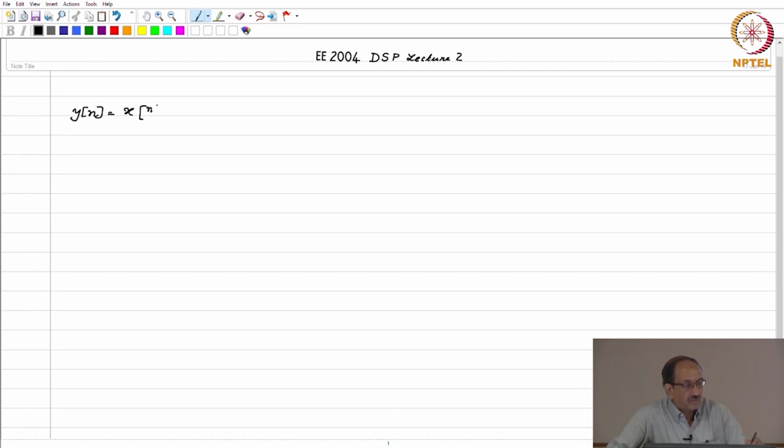So the example that we left with towards the end of last class was y of n equals x of n by 2, and the sequence x of n that we started off with was something like this.